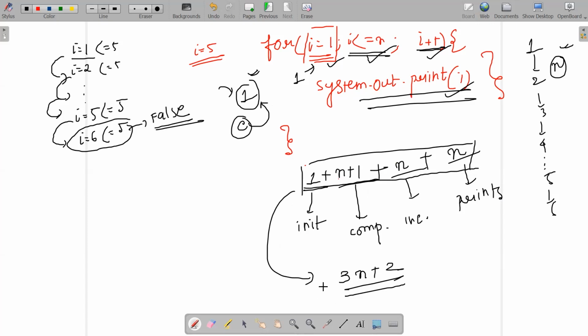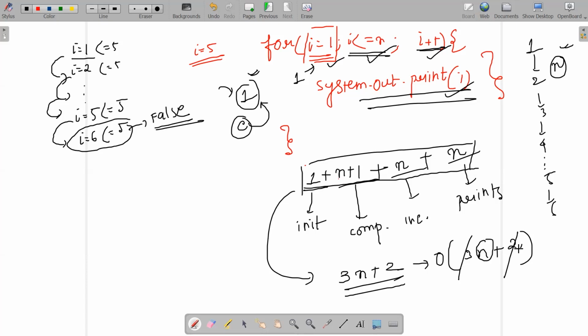Now if you try enclosing that, how do we represent that in terms of Big-O notation? Big-O notation tells us to enclose the overall number of operations inside the program, and these are constant values, 2 and 3. The only thing that can increase or decrease the number of operations for you is the change in n, not these values.